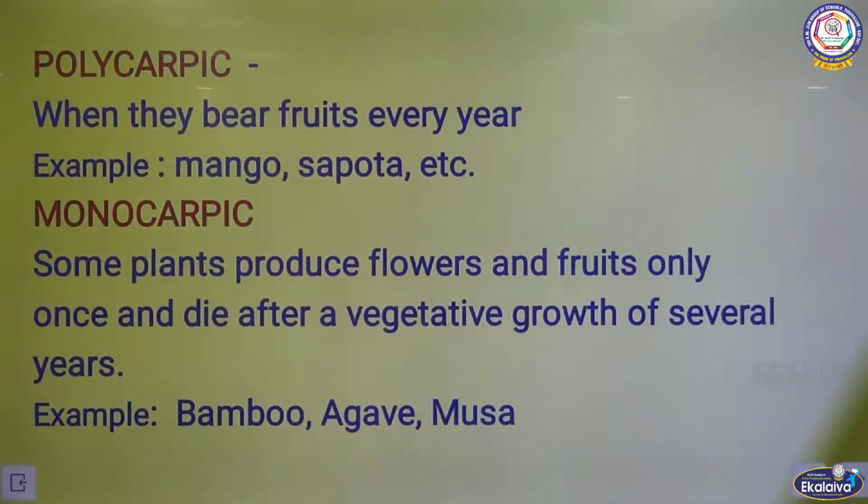Such kind of plants are called polycarpic. And the plants which produce flowers and fruits only once and die after a vegetative growth of several years are called monocarpic. Example, bamboo and musa.